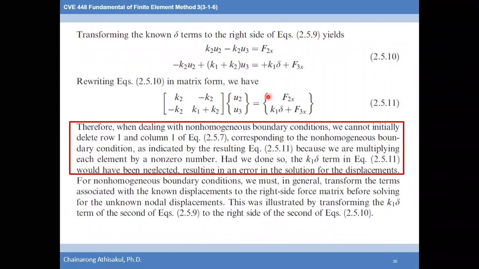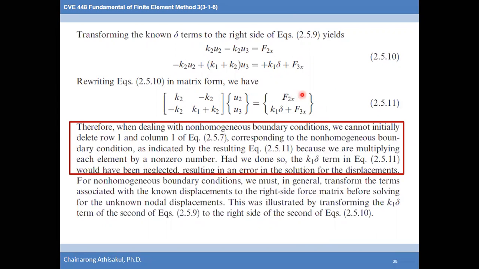According to this, we can rearrange the equation into the matrix form like this. In order to write it in terms of u2 and u3 only, the term K1 delta should be moved from left to right. According to this, we can form the equation to be like this.